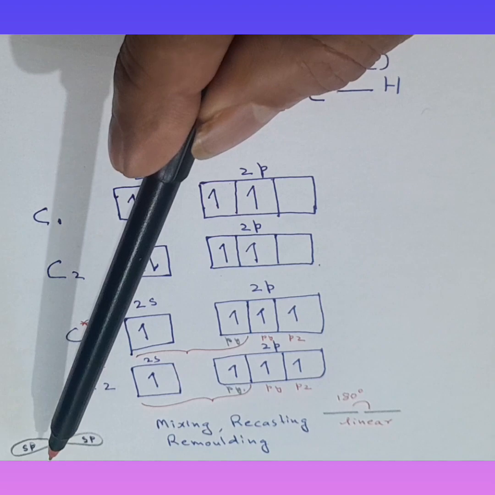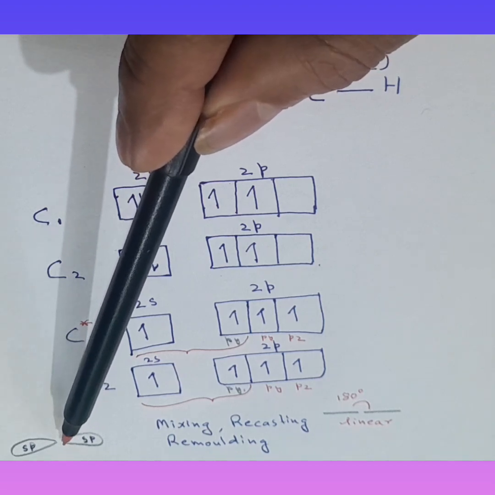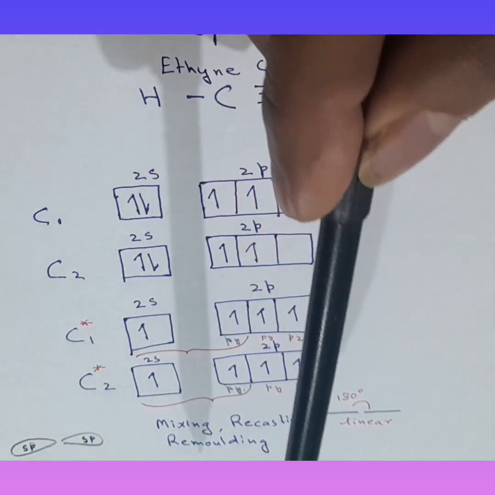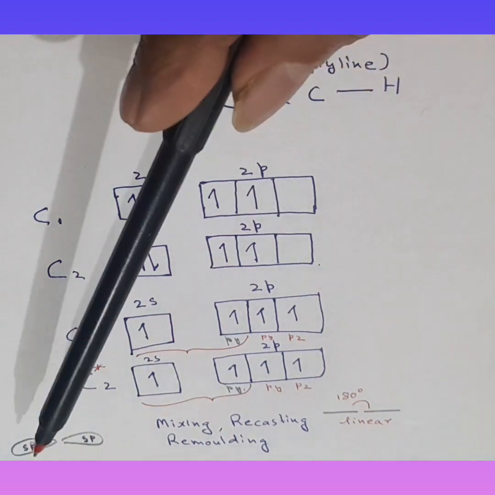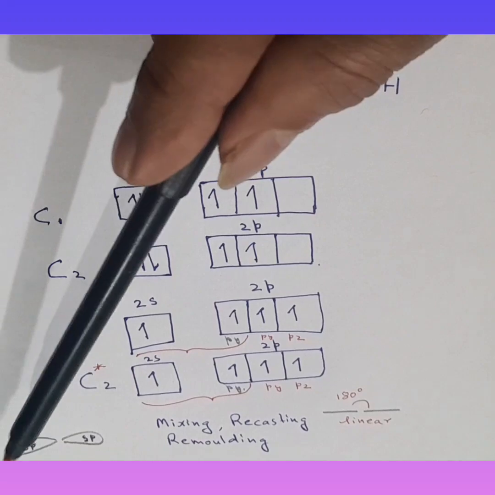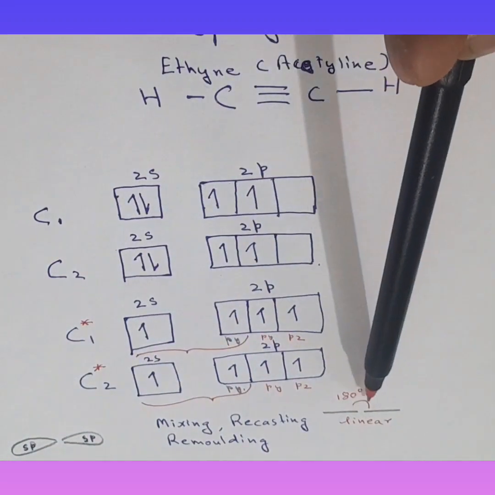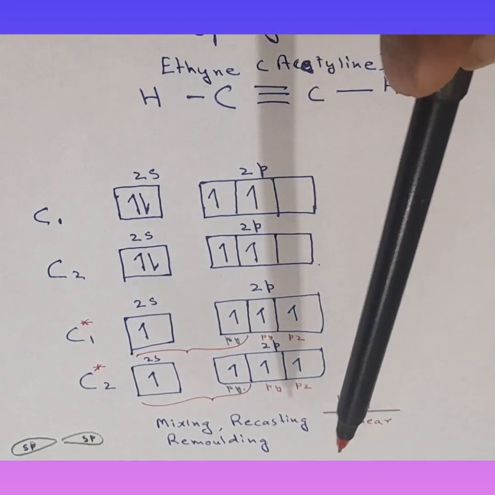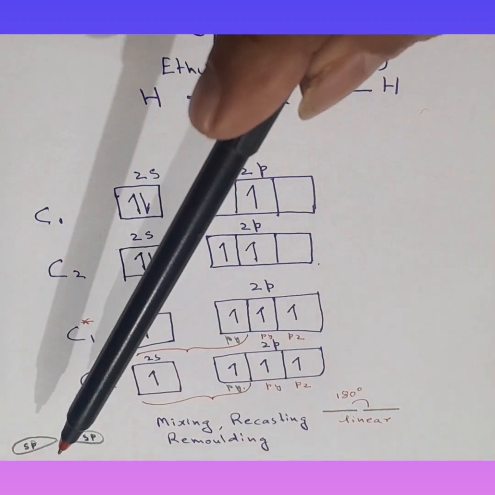This is for carbon 1. Similarly, we would also have it for carbon 2. And the bond angle, obviously, since it is linear, would be 180 degrees. So this is what we end up with.